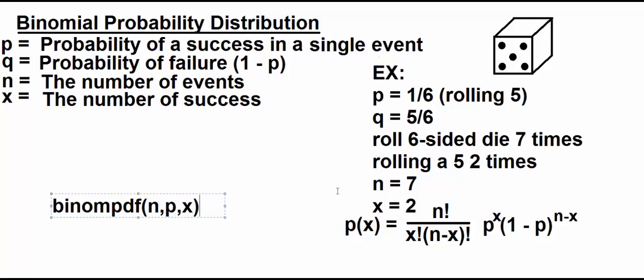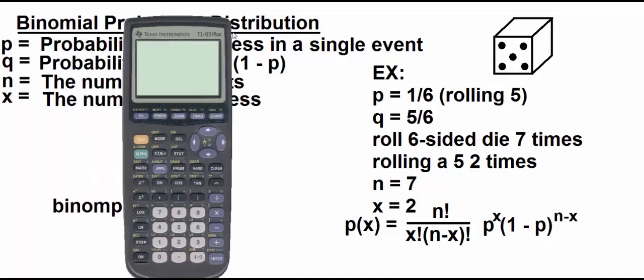Some books actually, instead of using x here, use r for success. So you can say you're entering in n, p, r. We're going with x here. So let's look at how to do that.